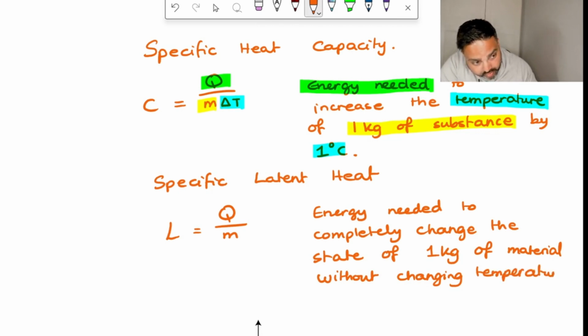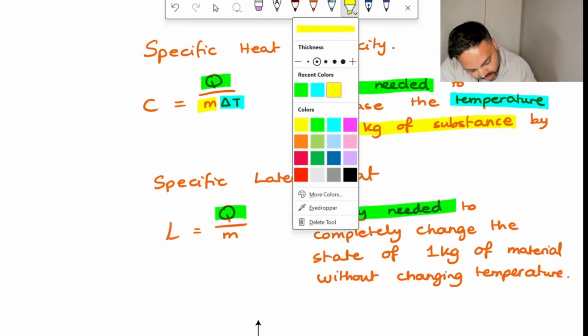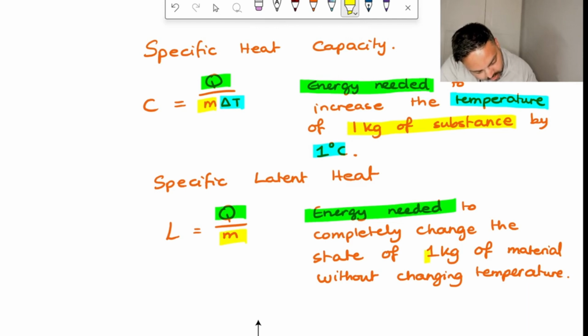They are very, very similar, Isabella. You're absolutely right. So Q, energy needed, M, 1 kilogram of material. So in this one you don't have temperature.